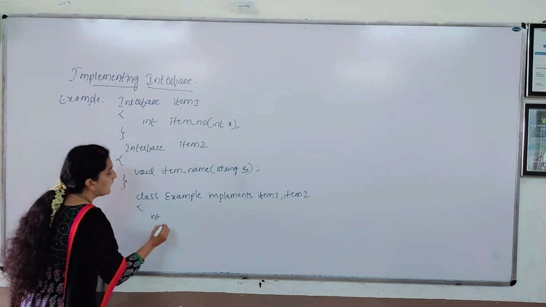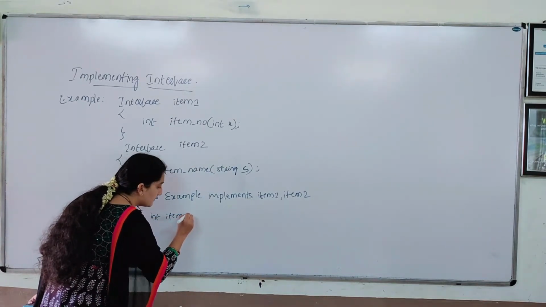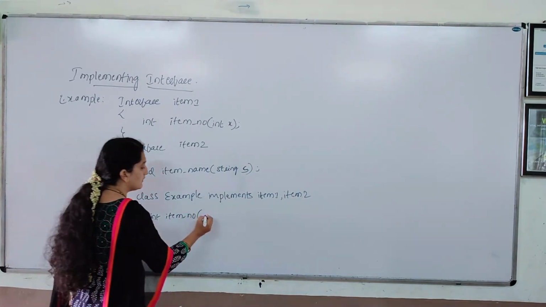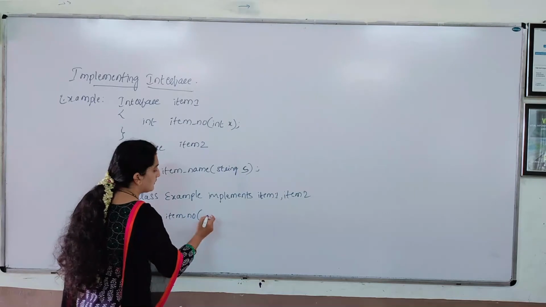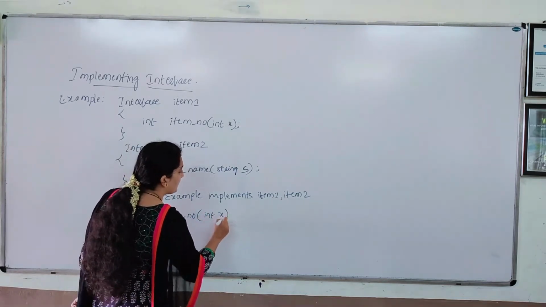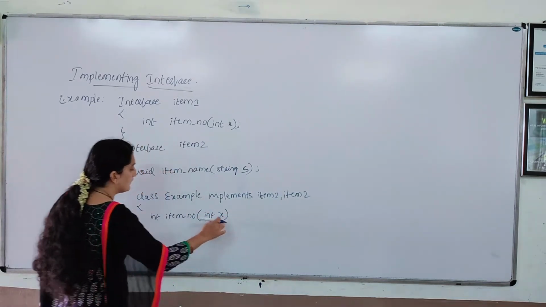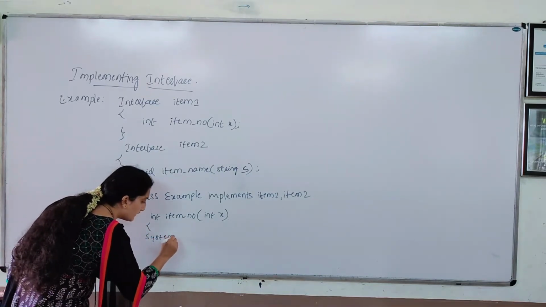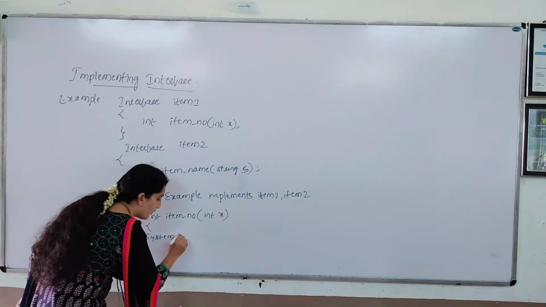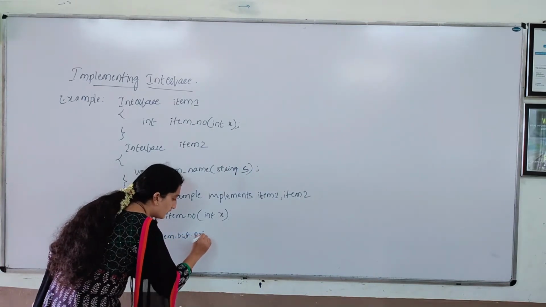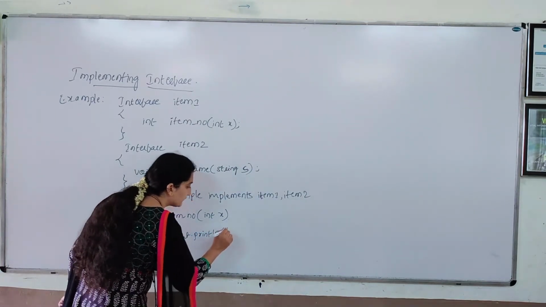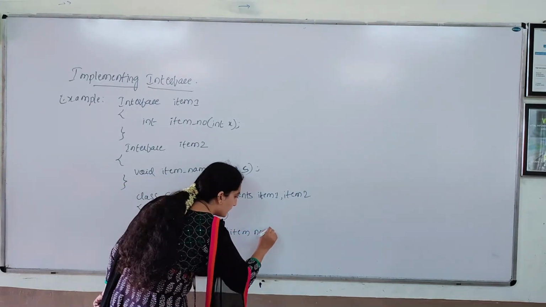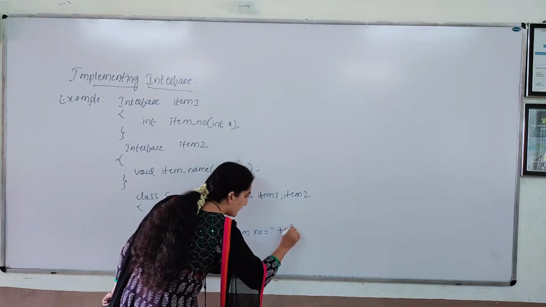So let's implement these two methods in the class. Int item number, int x. In this method I am going to add one print statement, System.out.println, item number is equal to plus x.